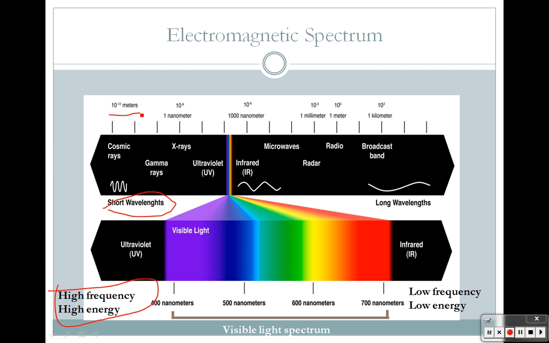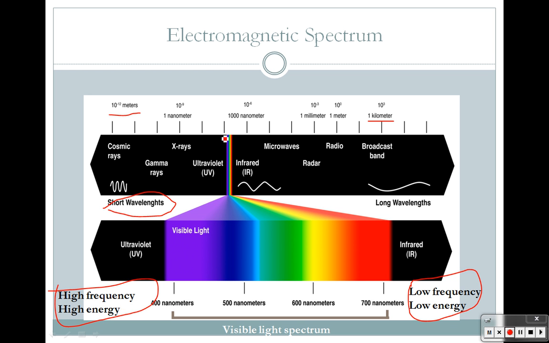You can see their distances. 10 to the negative 12th meters, 10 to the negative 9th meters, which is 1 nanometer. All the way over here, long wavelengths, 1 kilometer, or 10 to the 3rd meters. And then over here we have low frequency, low energy waves. So long wavelengths on the electromagnetic spectrum have low frequency and low energy. Short wavelengths over here have high frequency and high energy.